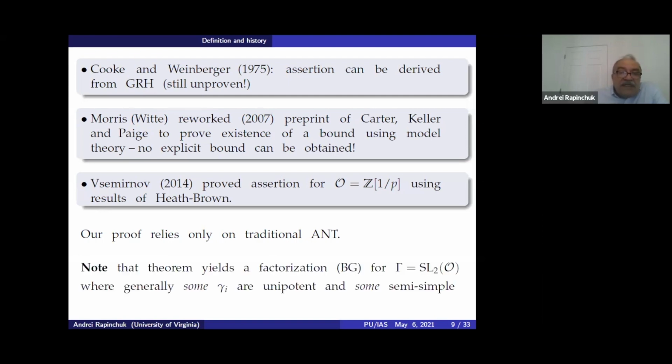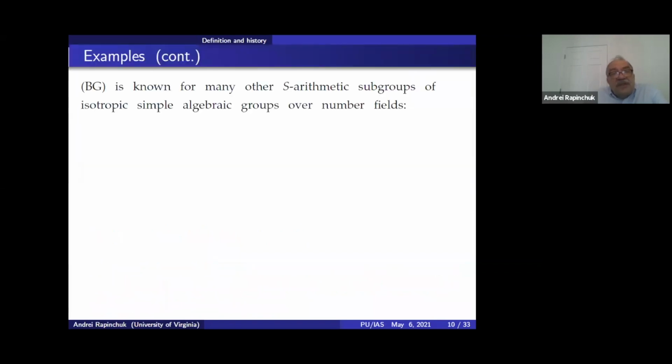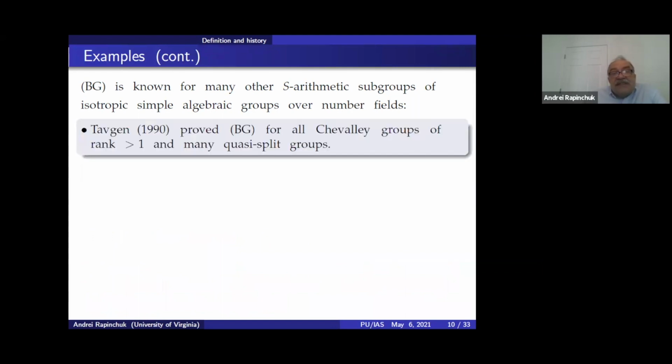But the point that I want to make is that this theorem gives a bounded factorization for SL2, where some elements are unipotent and some elements are semi-simple, with unipotent elements always present. Now, bounded generation is known also for many other S-arithmetic subgroups of isotropic algebraic groups over number fields. Now, in 1990, Tavgen proved bounded generation for all Chevalley groups of rank greater than 1, and for many quasi-split groups, with the group SU(2,1) still being a notable exception.